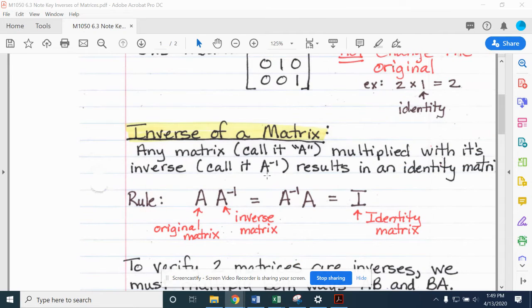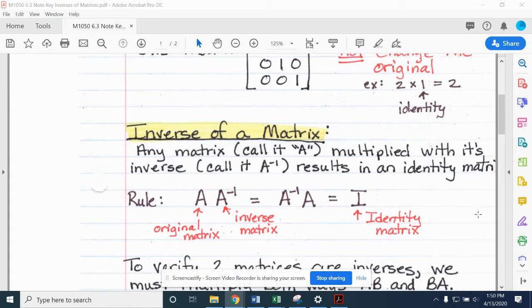So let's look at how we're going to use an identity. First off, if you're looking for an inverse of a matrix, we can call a matrix any uppercase letter you want. I called it A here. When you multiply it with its inverse, and the notation is that uppercase A, same letter as its original, but with that little -1 as an exponent, it results in an identity matrix.